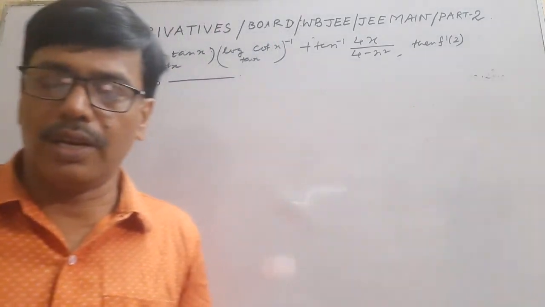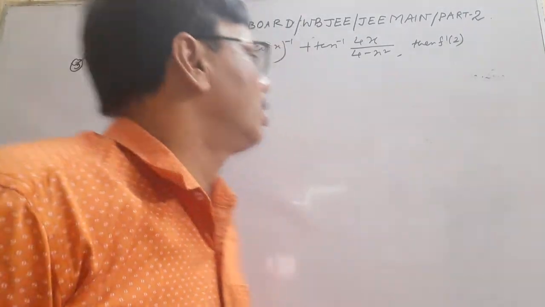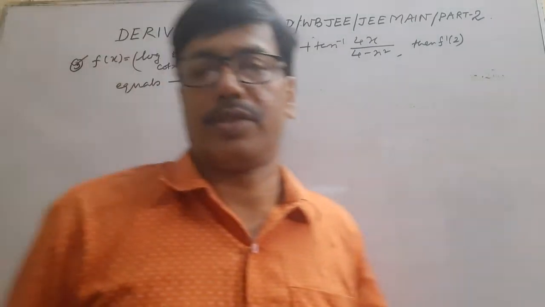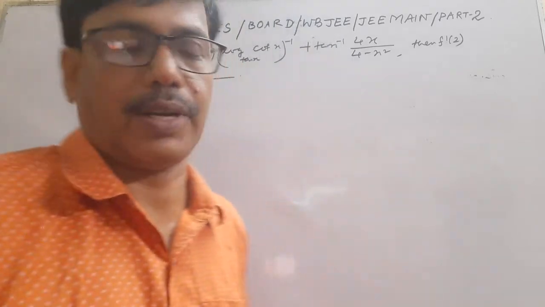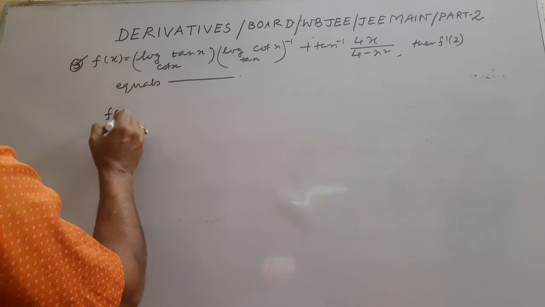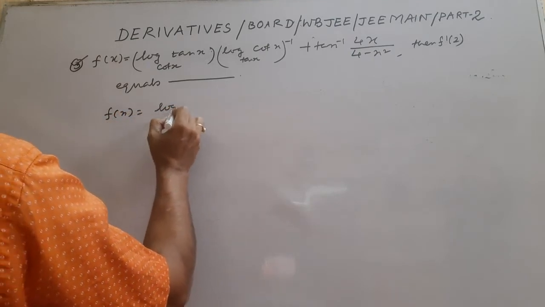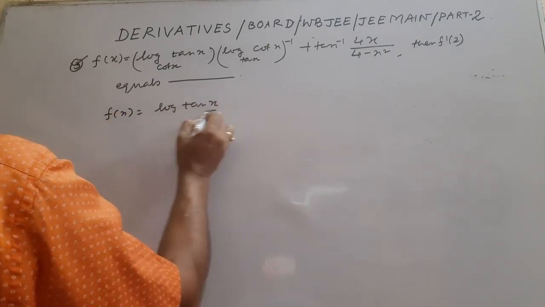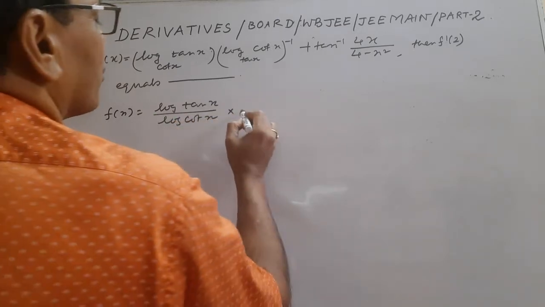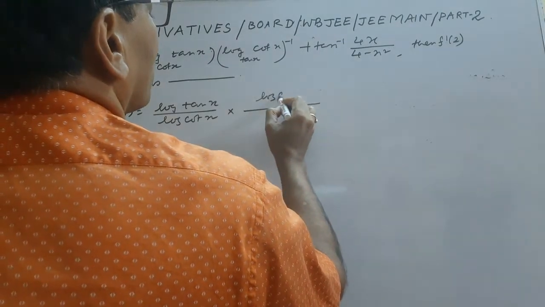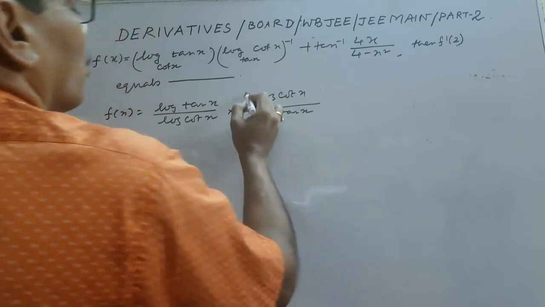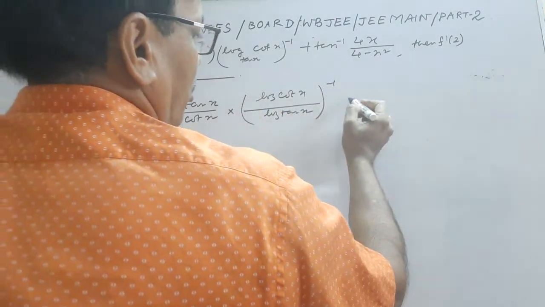Now I am repeatedly saying, y is given in this form, you simplify first, then try to take differences. So f(x) equals to tan inverse of (log tan x by log cot x) plus tan inverse of (log cot x by log tan x) whole to the power minus 1.